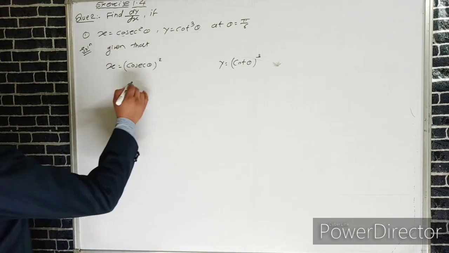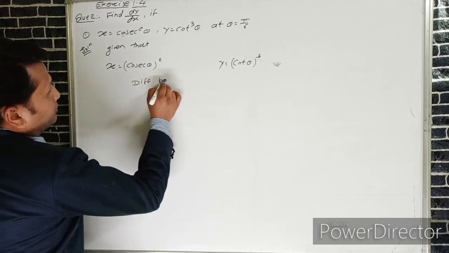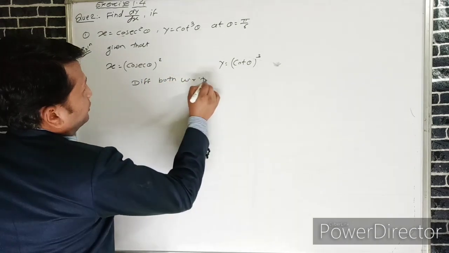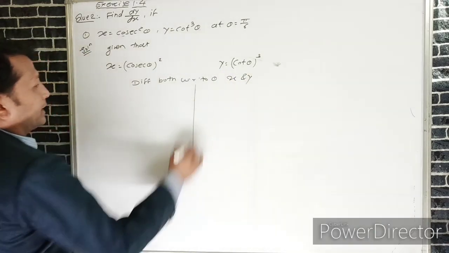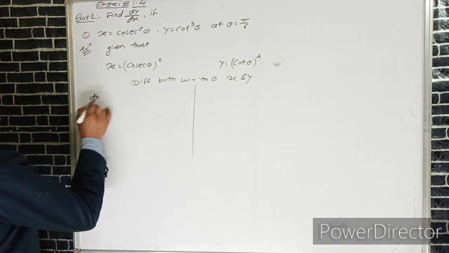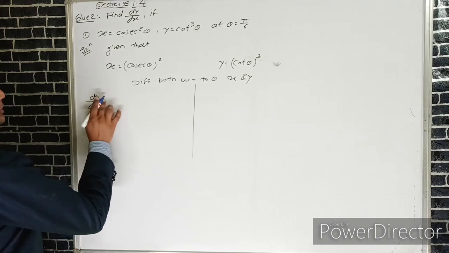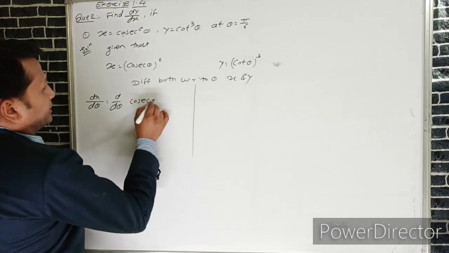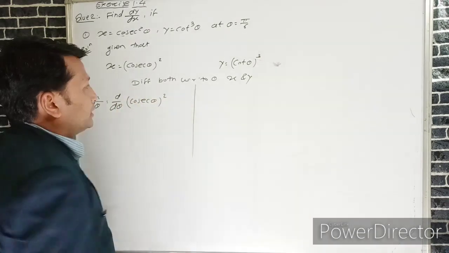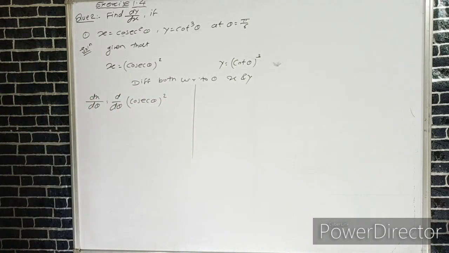Now, if we differentiate both x and y with respect to theta, we can write dx upon d theta is equal to derivative of cosec theta whole bracket square. Here we apply the rule for x to the power n.